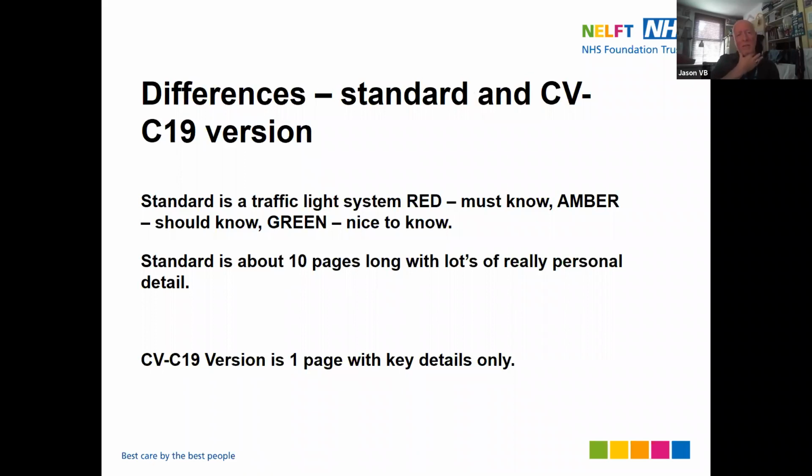As I mentioned, I've just shown you the front page of a hospital passport so you get an idea of what I'm talking about. The standard one that we're using in our 4 boroughs, the NELFT one, has been around for a long time, and I hope lots of you have seen it, but hopefully I can give you a few tips and tricks that might make it much better quality when you're completing them.